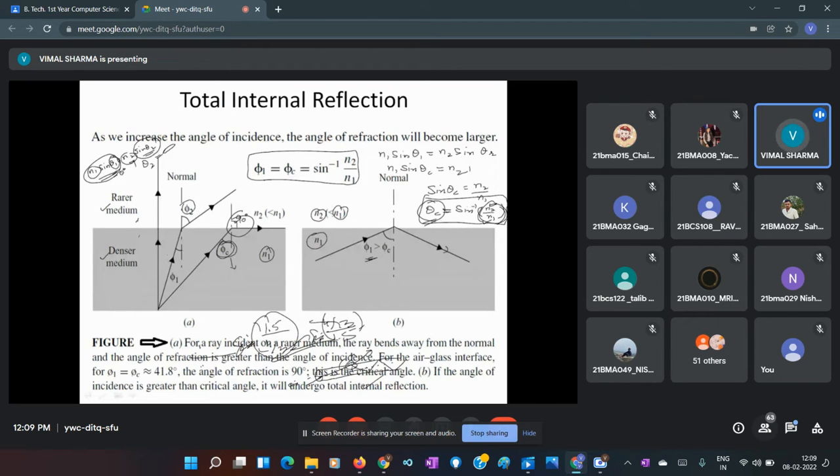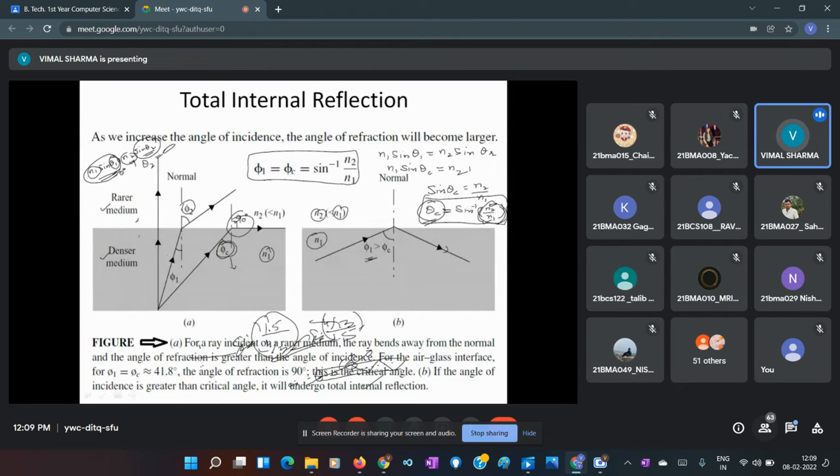But when this light ray is incident at some angle theta with respect to the normal, it bends. And we see two things. Partially it is transmitted to the rarer medium and partially it is reflected back. And the strength of the light which is reflected back in the same medium increases with increase in angle of incidence of this light.